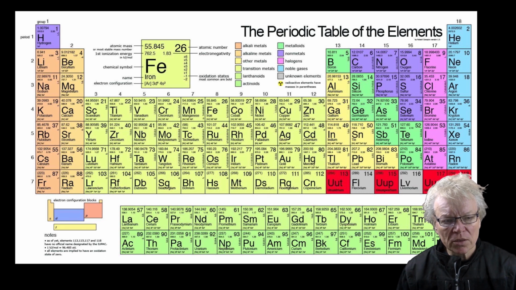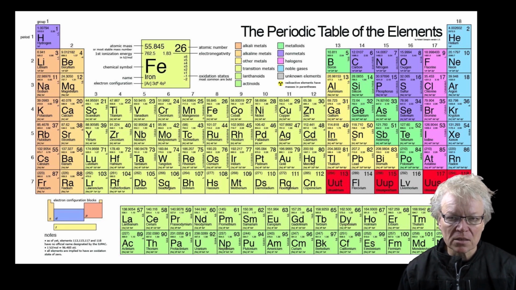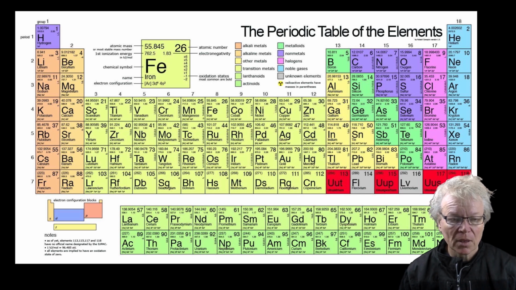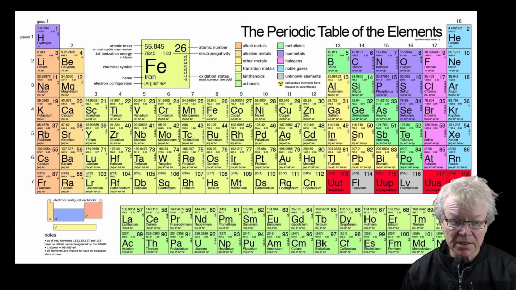And what we can see is a whole bunch of different colours and letters all in these squares. Now, what this table is showing us is all of the known elements in the universe, all the ones that have been found. And in the table, you'll see each of the squares has a letter.